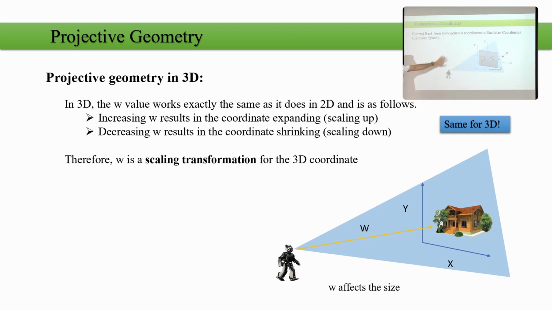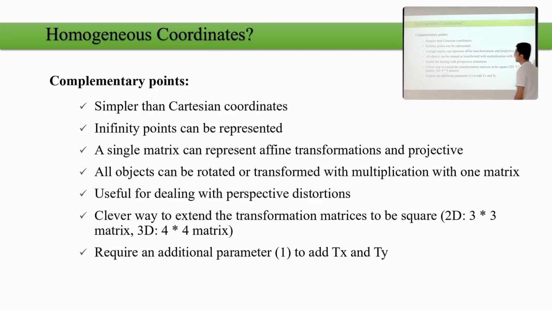Then the same calculation is applied on all of the 3D point cloud. By changing w, we have scaling up and scaling down simply, as in projective geometry. Therefore, w is the scaling transformation in 3D.